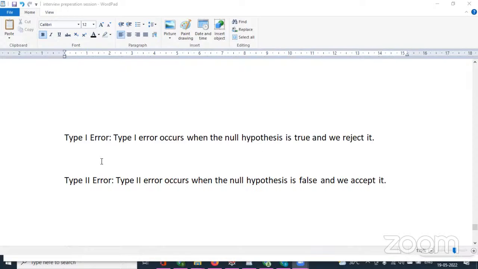And type 2 error occurs when the null hypothesis is false and we accept it. So that is where the confusion matrix, whoever answered false positive and false negative, comes in. Yes, Srikanth, that is correct.